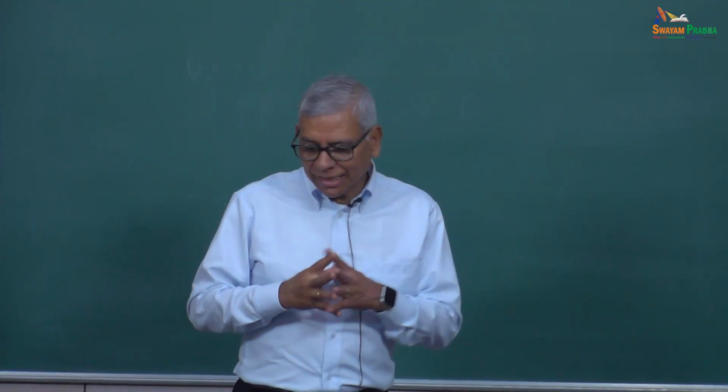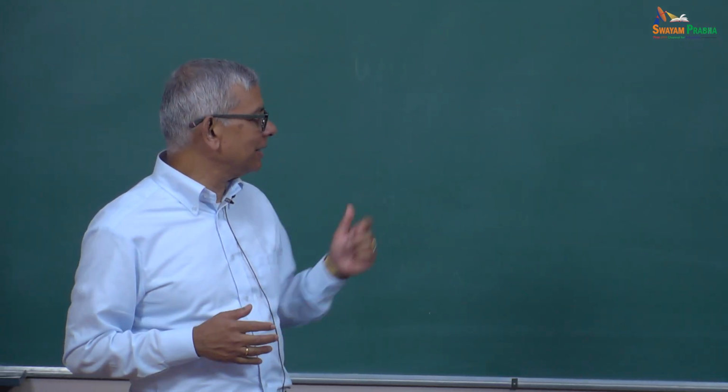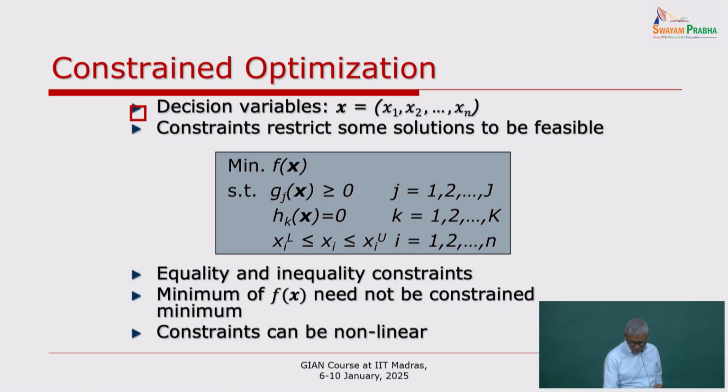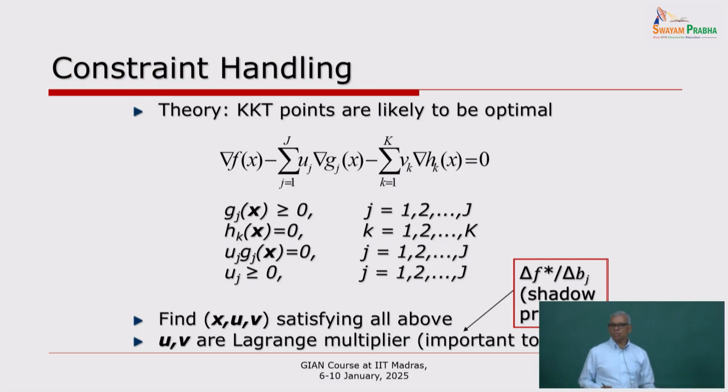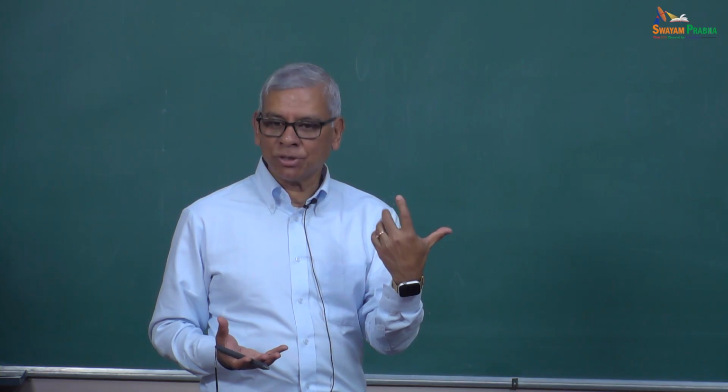Alright, so I'm thinking of a design or decision set of variables x1 to xn, there are n variables. And I've already talked to you about this NLP: objective function to be minimized, constraints, inequality and equality, there could be a number of them, and variable bounds. Now when you have constraints, so far we covered the bounding phase, golden section for a single variable, the combination of both, and either the Nelder-Mead direct search method or the gradient based methods, ending up with Marquardt's.